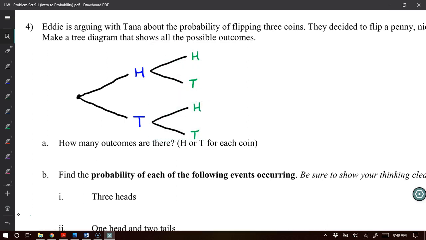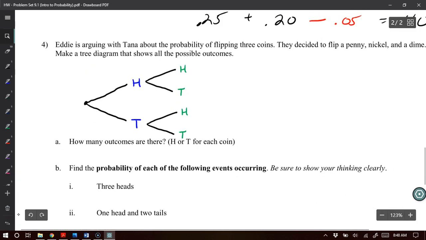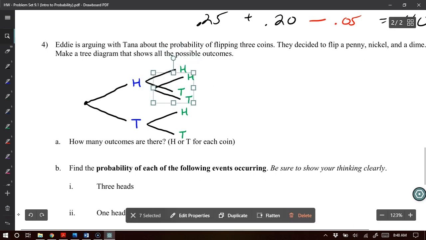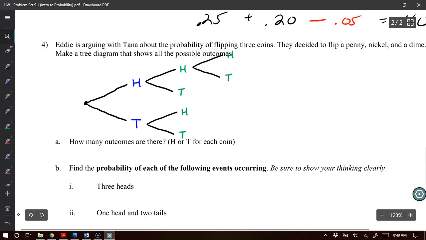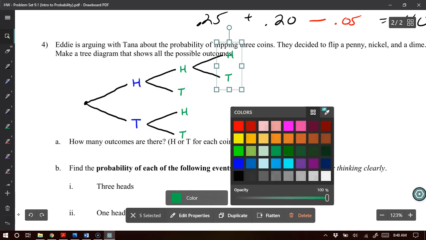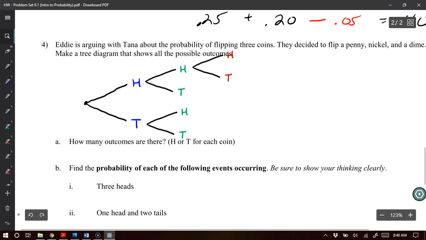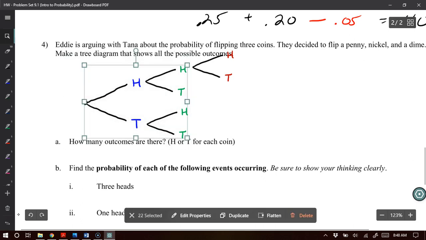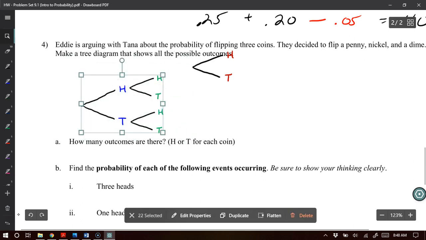But then I have the third thing, which is flipping a dime. And so what I'm going to do is I can take this, duplicate it. Here's my heads and my tails. And I'll change the colors. We'll make this one red. And I have this for each of those, which is really 4 of them. So I'm trying to get it so I have room here.